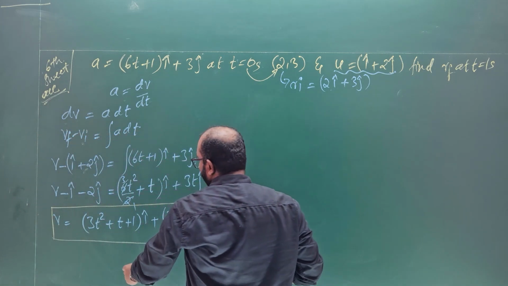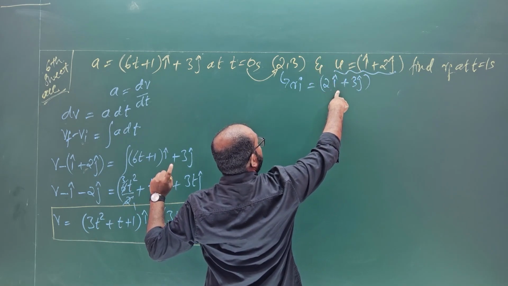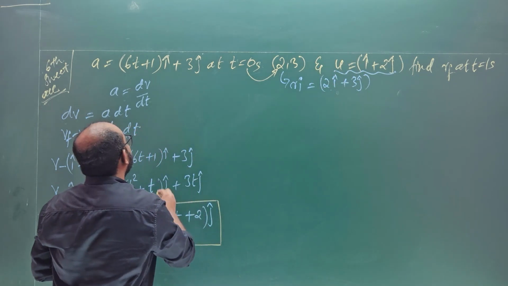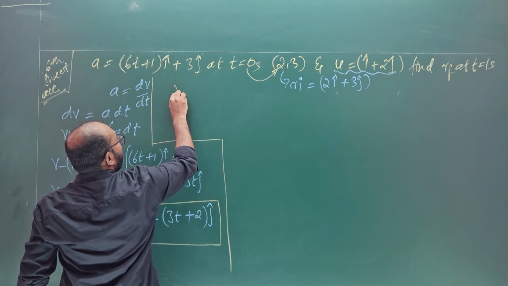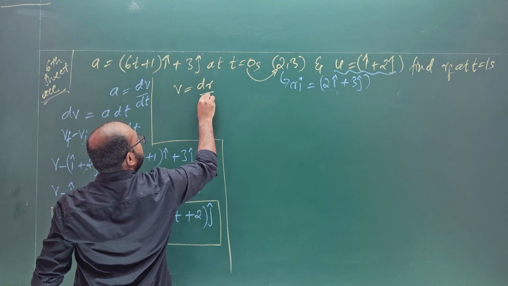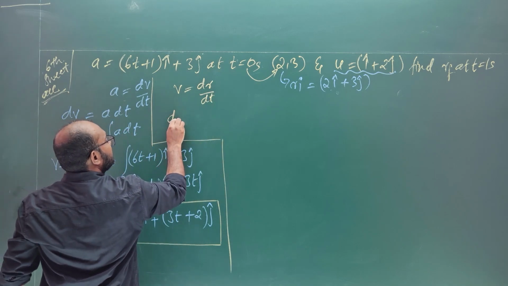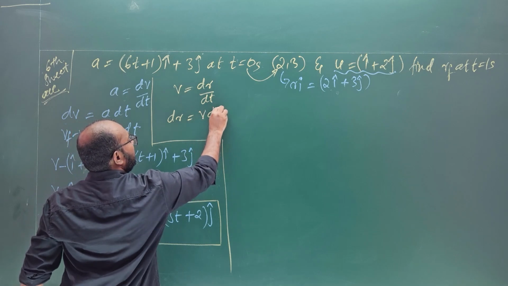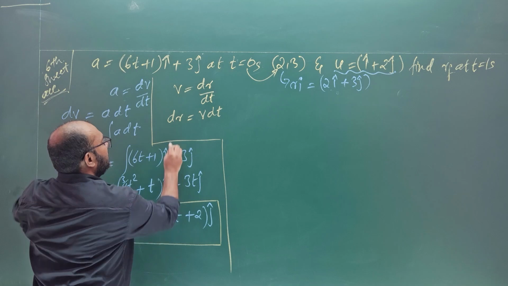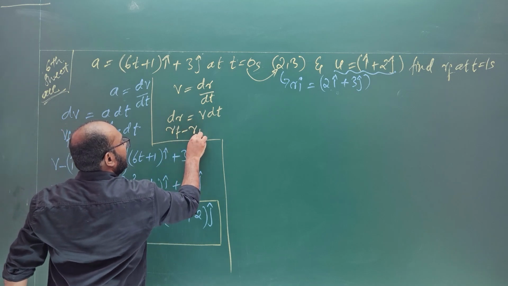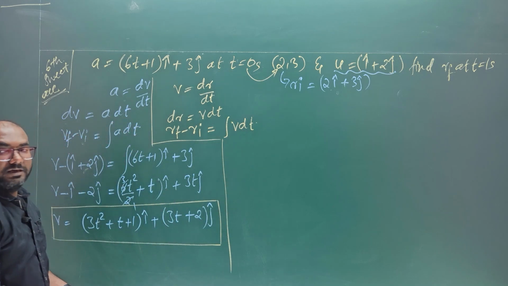Okay, now, do you have the final velocity? Do you have the initial velocity? Do you have the initial position? Yes. So, can I also say that v is nothing but dr upon dt? Okay. So dr can be written as v dt. Yes or no? And this dr can be written as r final minus r initial, the integral of v dt. Can I?